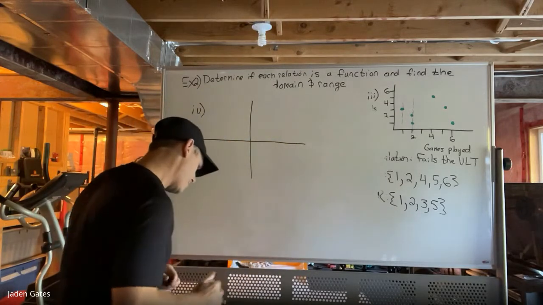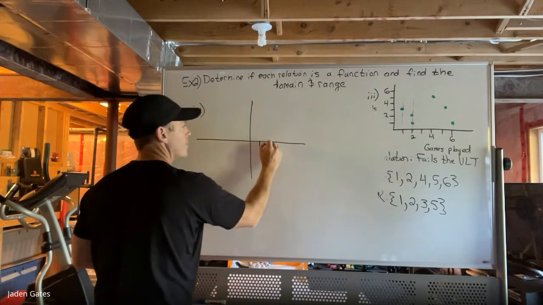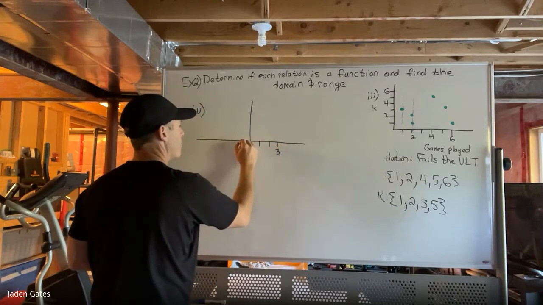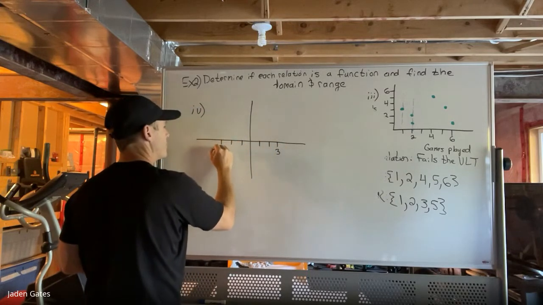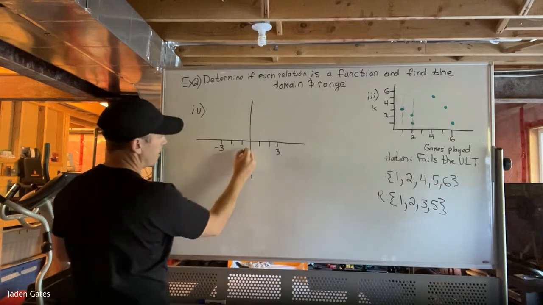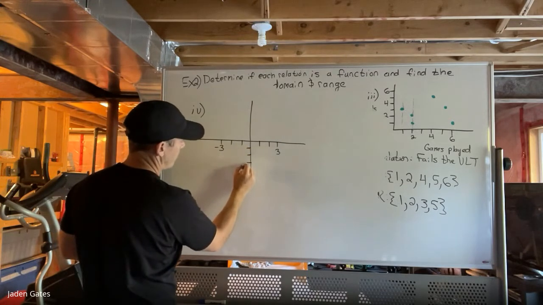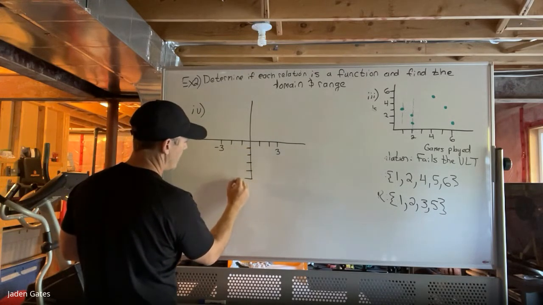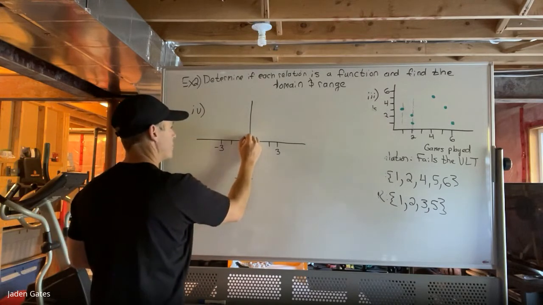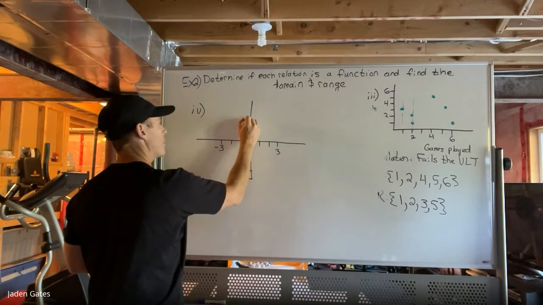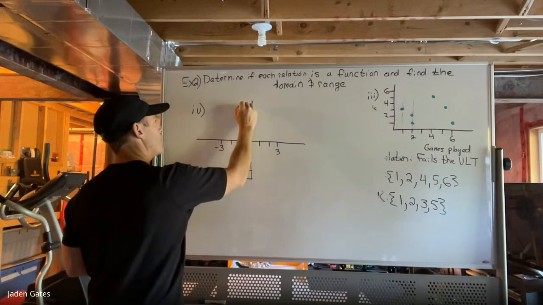We go 1, 2, 3 out there. 1, 2, 3 left means -3. And then we got 1, 2, 3, 4, 5 down. Of course, means we're going to go 1, 2, 3, 4, 5 up.